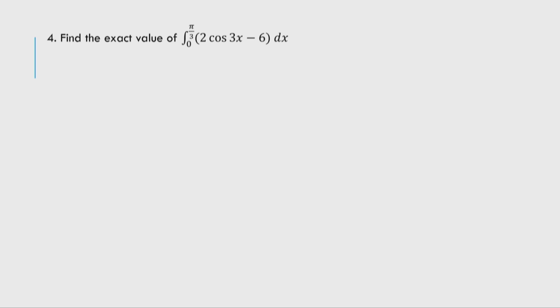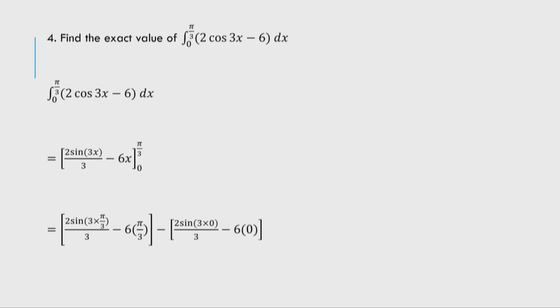Example 4. Find the exact value of integration of 2 cos 3x minus 6 with respect to x between the limits 0 to pi by 3. First, let's integrate the function. 2 sine 3x divided by 3, 3 is the differentiation of the angle, minus 6x between the limits 0 to pi by 3.